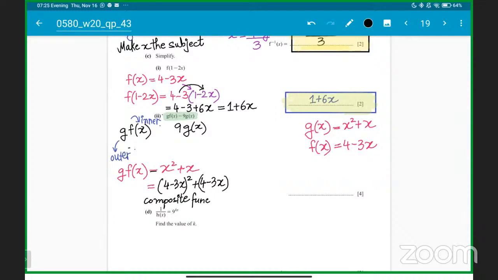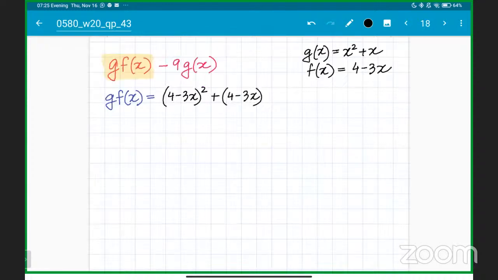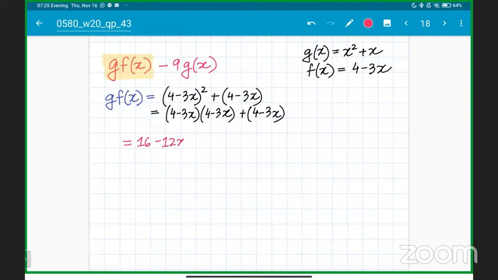Yes, sir. So here we go. It will eventually be 4 minus 3x twice, they will multiply. 4 minus 3x into 4 minus 3x plus 4 minus 3x. So eventually it will become 4 4s are 16, minus 12x, minus 12x, minus 3x into minus 3x will be plus 9x squared, plus 4 minus 3x.